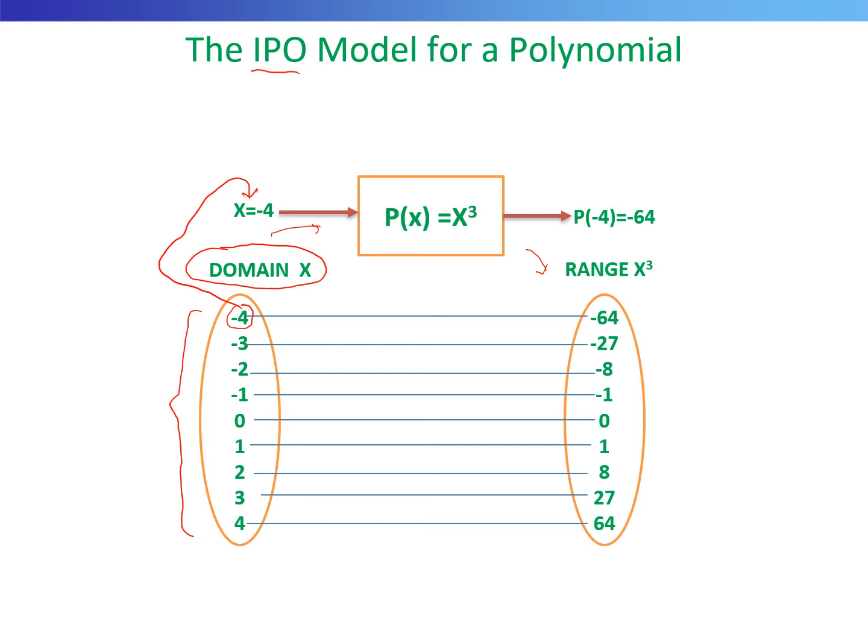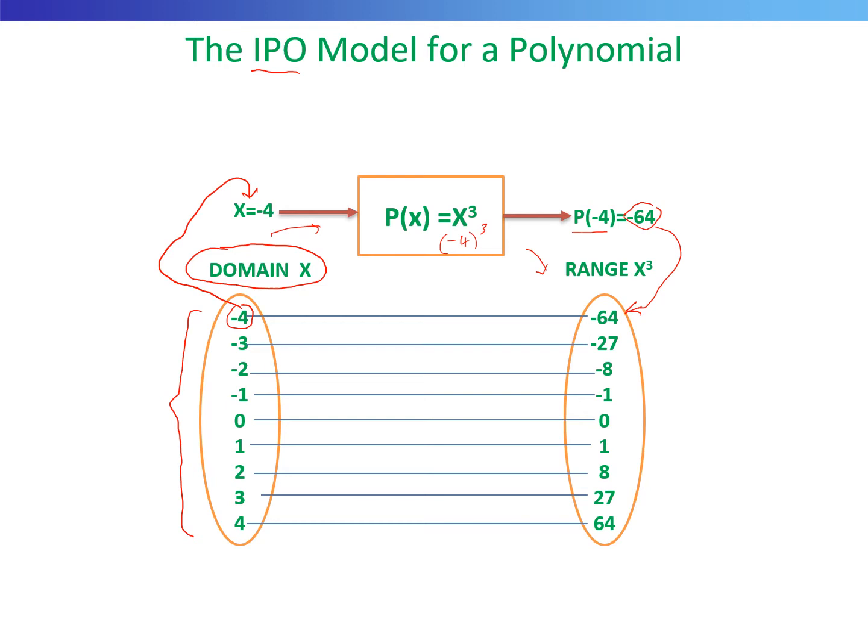It will be raised to the power 3, and then the process will produce the output, which is p of negative 4, just for explanation. But the output will be only negative 64. So negative 64 will be passed to the set which is called the range, and this is negative 64 right there.